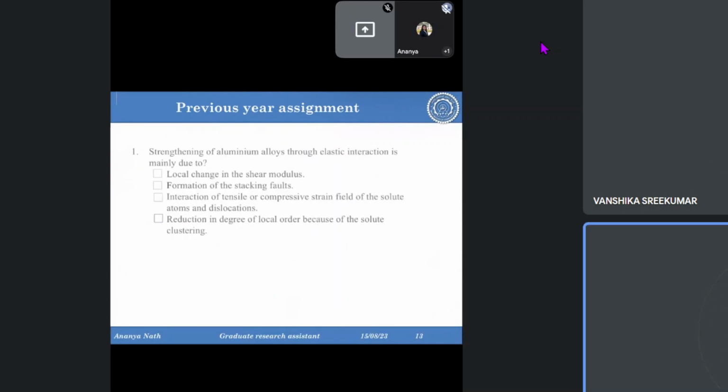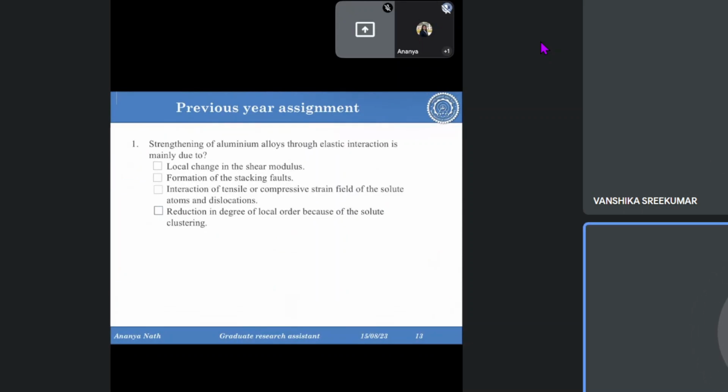So, strengthening of aluminum alloys through elastic interaction is mainly due to what? Try to answer, otherwise we'll discuss. Formation of stacking faults, local change in shear modulus, and I think the third one is also there.